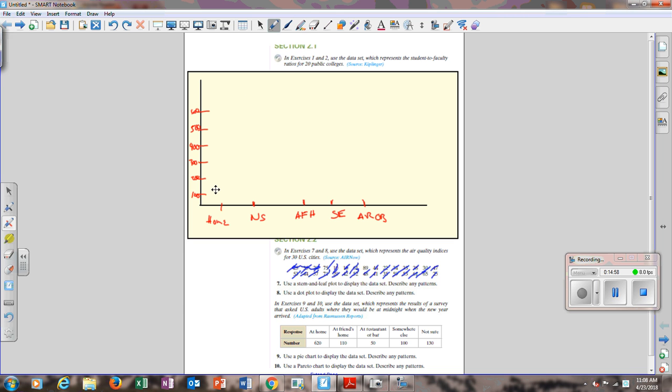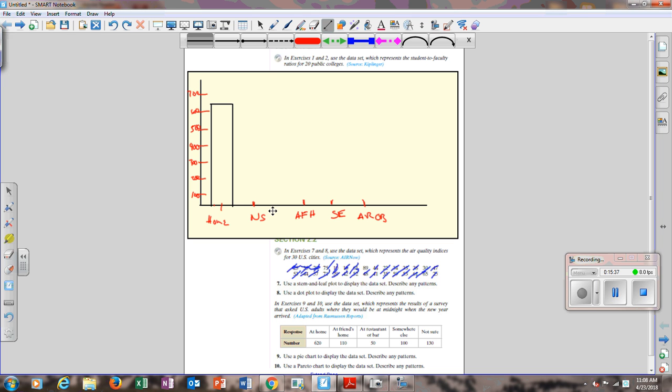So the first one is up at 620, which means I'm going to do a rectangle, just like that. Then not sure is at 130.